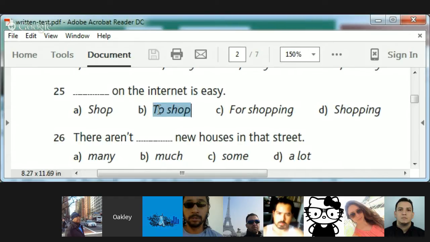However, if any of you guys picked B, to shop on the internet is easy, this is using the infinitive as a subject noun, which is possible. However, it's a lot more formal.